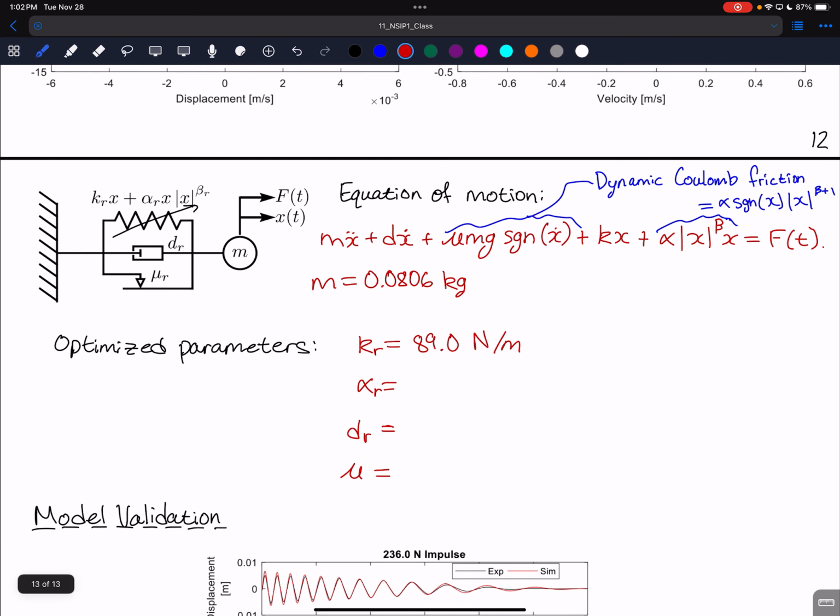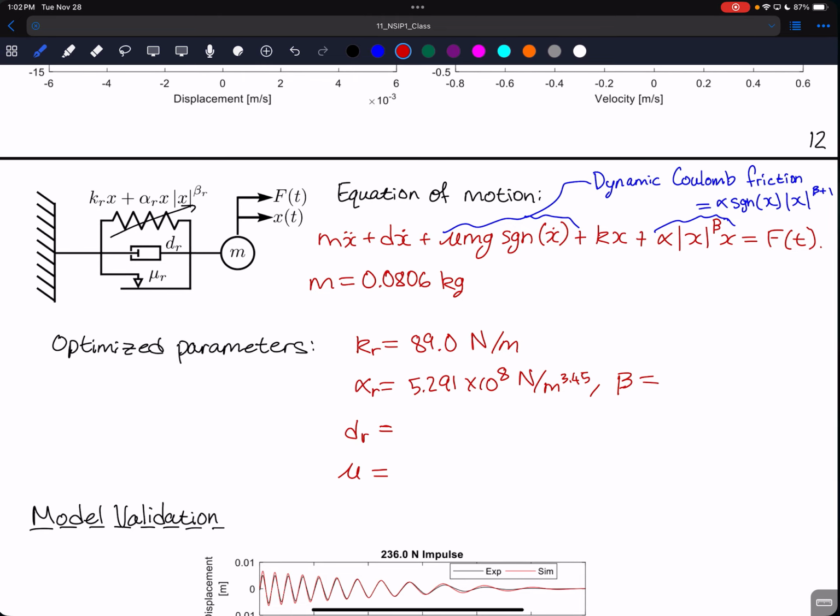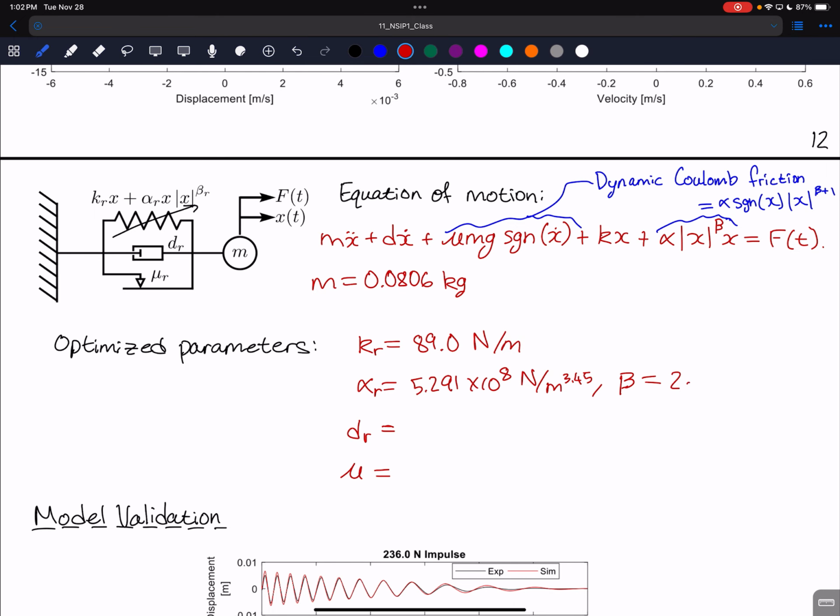Alpha sub r is equal to 5.291 times 10 to the 8th newtons per meter raised to the, actually it should be, 3.45. That beta parameter, as shown in the model above in red, would be 2.45.